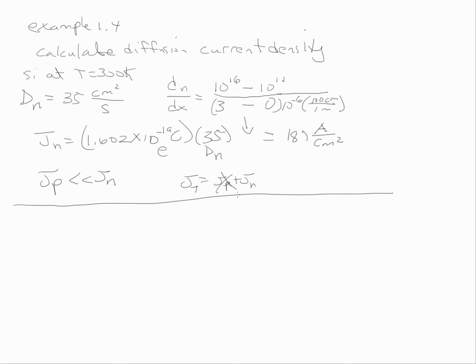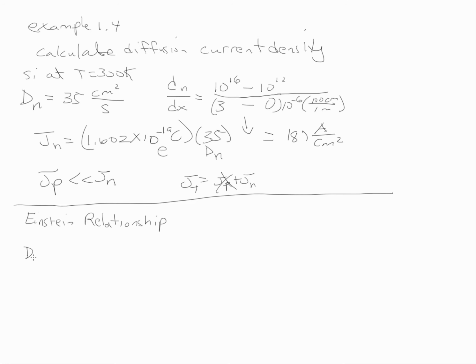And then the author shows this sort of neat little relationship called the Einstein relationship, where it shows that the drift and the diffusion are not totally unrelated.